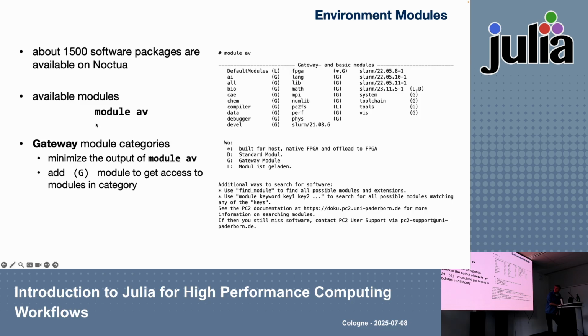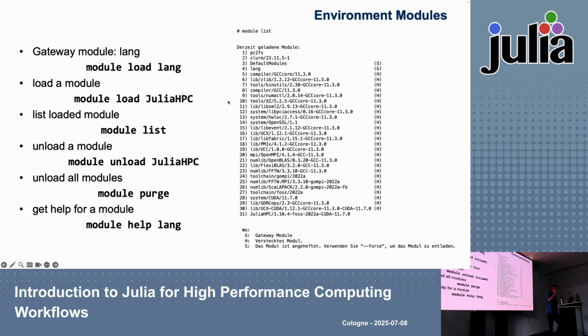And you can look at the available modules with the module av command. In our cluster, we also have this hierarchy, so they are a little bit structured or hidden behind these groups of modules. You can add a specific complete name of the module, or you can add the group and then only the name of the module.